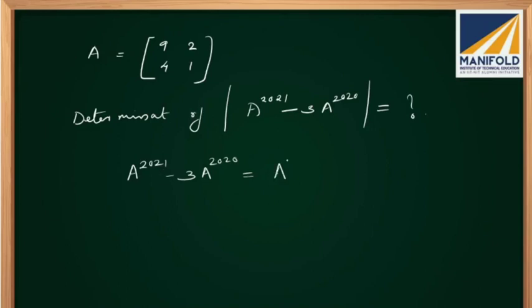So I can take A raised to 2020 as common, and I can write A as the balance here. A raised to 2020 into A becomes A raised to 2021. Minus, you cannot simply write 3 because 3 is a number.